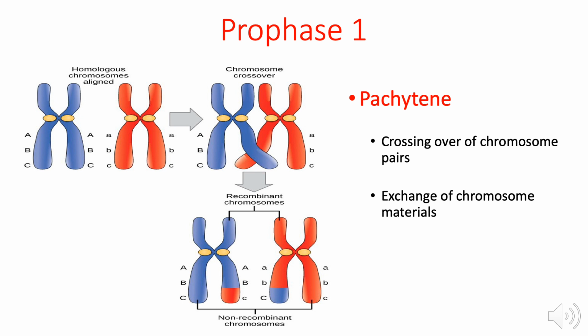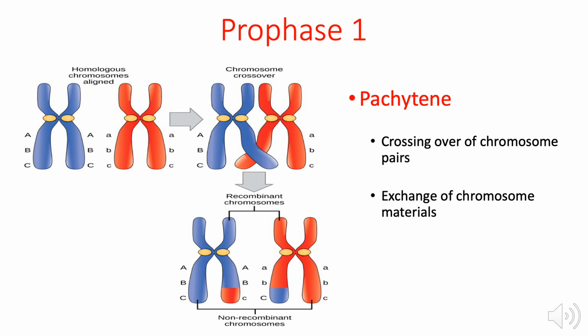Since they are already in pair after zygotene, because of the formation of the synaptonemal complex, what will happen is, in pachytene, they will try to exchange some portions of their structures.